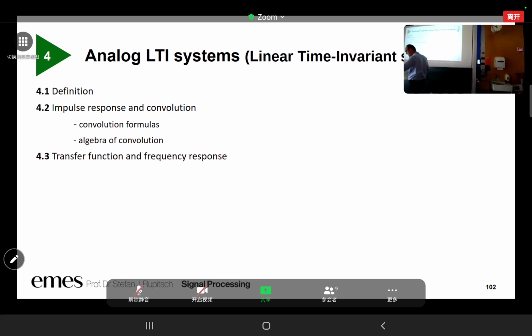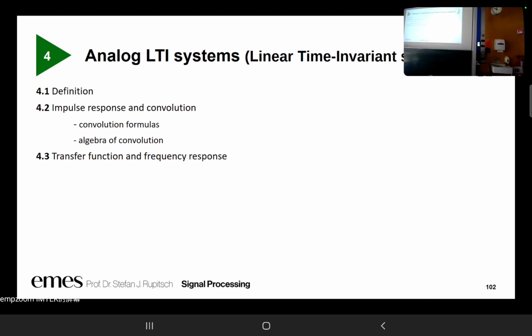If you remember, I had some graphical issues with the Mac OS system and Windows, but today hopefully it works quite well. We already started with the impulse response and convolution, and furthermore we discussed the transfer function or frequency response.